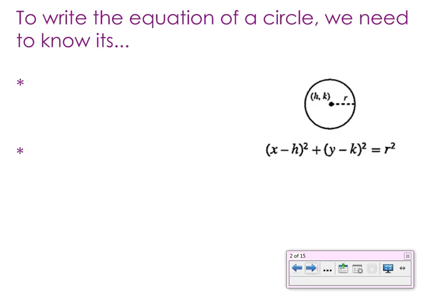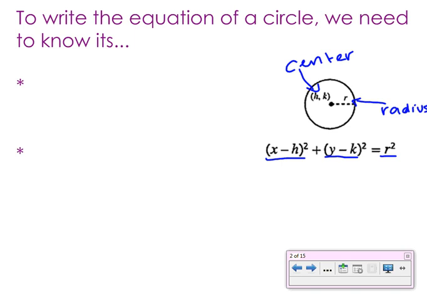So first things first, things we have to know about the equation of a circle in order to understand how to dissect it. Okay, so the equation of a circle is going to be x minus h squared plus y minus k squared equals r squared, where h, k is our center point, and r stands, as usual, for the radius.